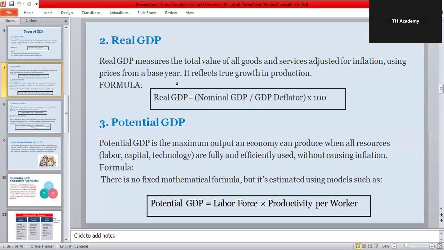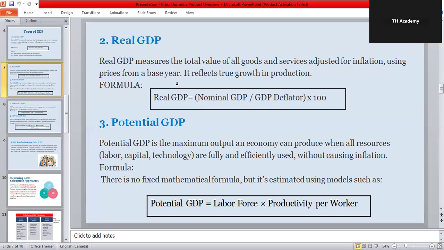So there isn't one fixed formula, but economists usually estimate it using a model like this. Potential GDP equals labor force multiplied by productivity per worker. So if a country has more workers or if each worker becomes more productive through better skills or technology, its potential GDP increases.